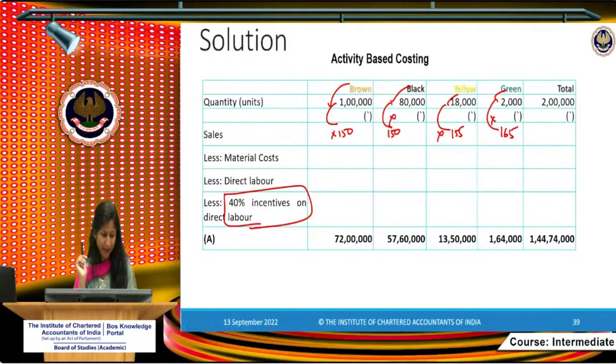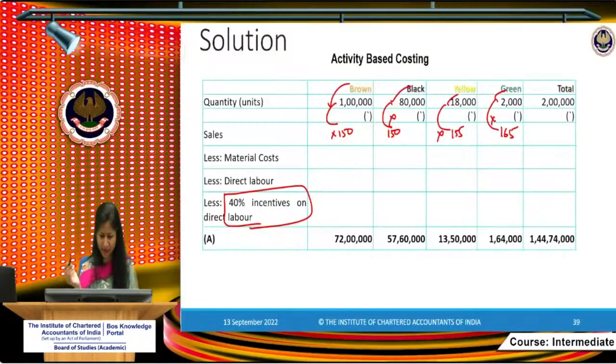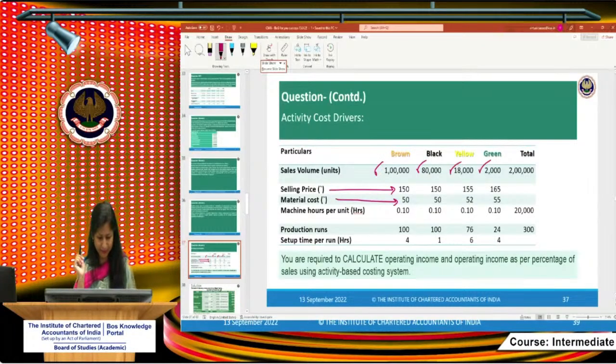Next step, material cost. We have this information again here: 50, 50, 52, 55. Multiply by 50, multiply by 50, multiply by 52, multiply by 55. Next, direct labor.